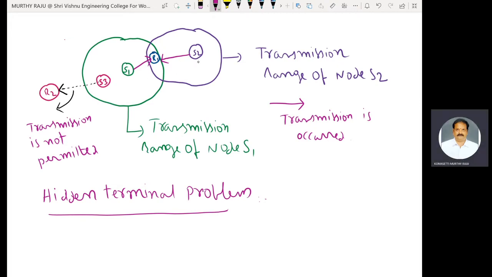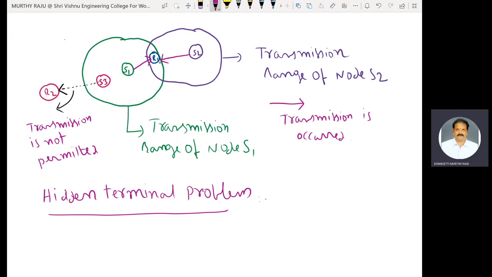But S2 is not covered by S1, and S1 is not covered by S2. Therefore, S2 is not within the transmission range of S1, and S1 is not within the transmission range of S2.